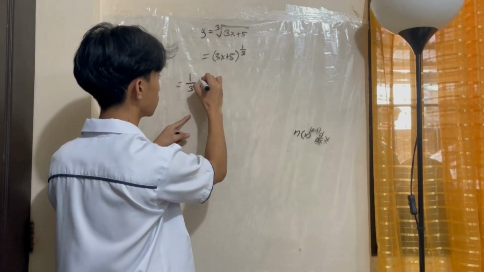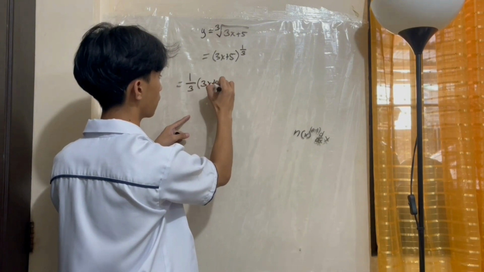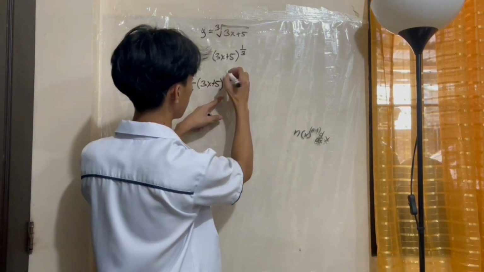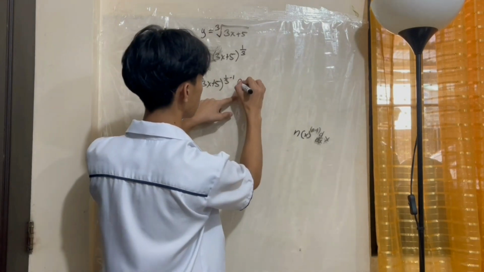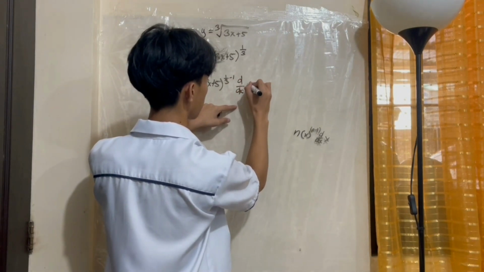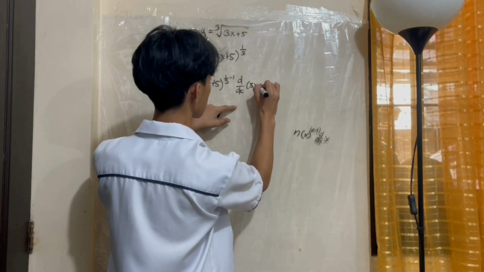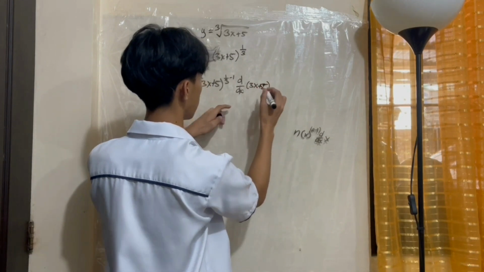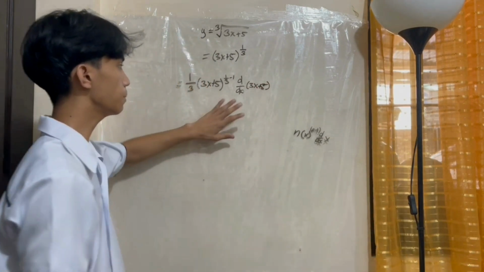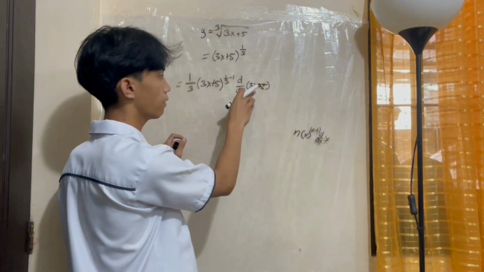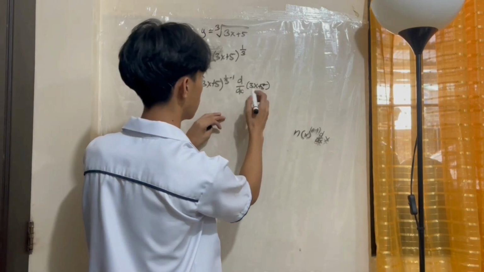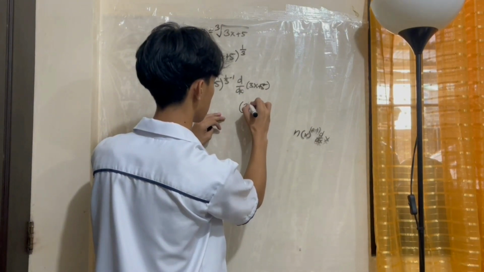Then our x, which is 3x plus 5. Then our n minus 1 multiplied by the derivative of our x, which is 3x plus 5. So, let's simplify our given. So, what is the derivative of our x, which is 3?